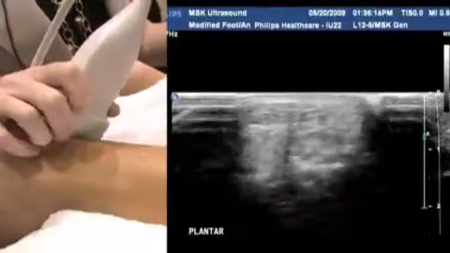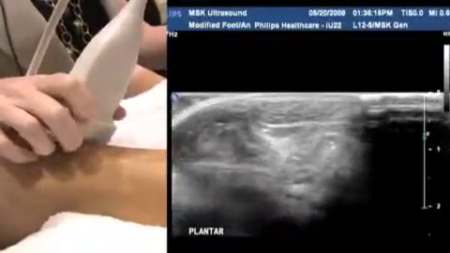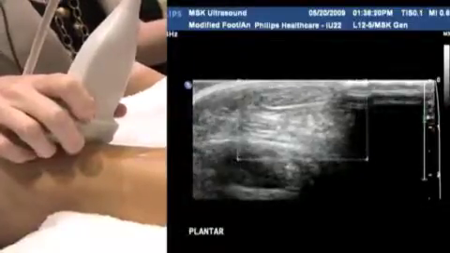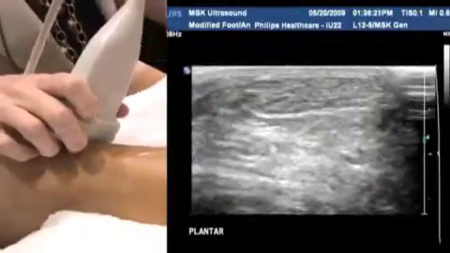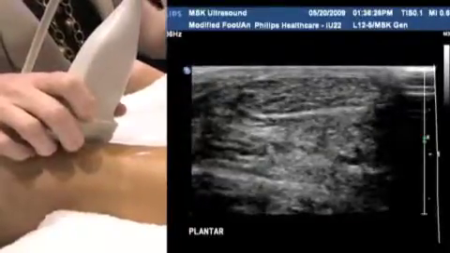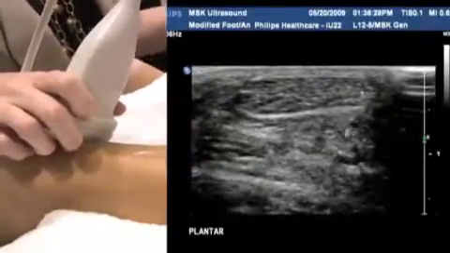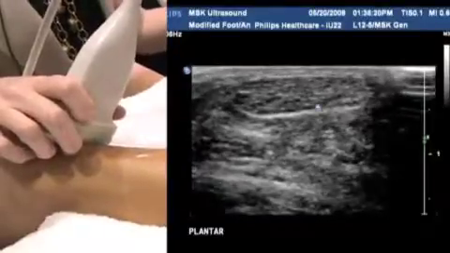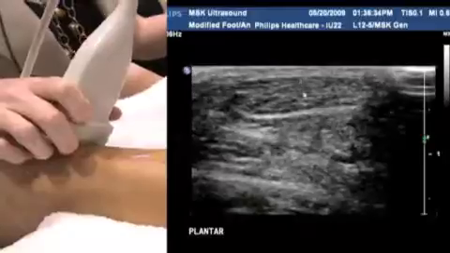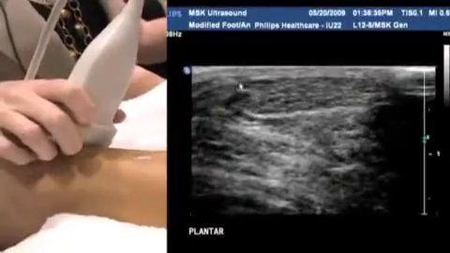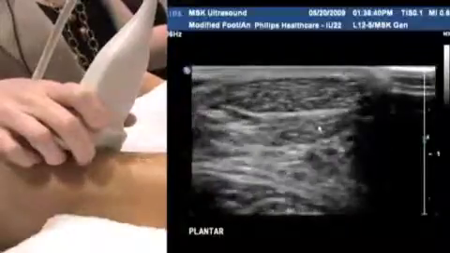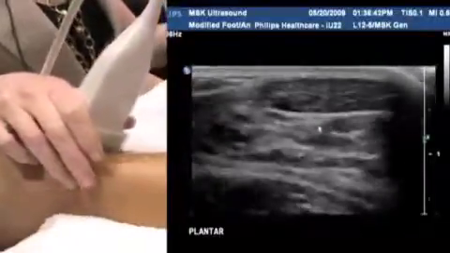We're going to extend slowly proximally into the calf. Again, be aware that the Achilles tendon is quite an ovoid structure. So make sure that your eye doesn't just fixate on the center portion of the tendon here. Make sure that you really are assessing out laterally and medially, covering all aspects of the tendon.